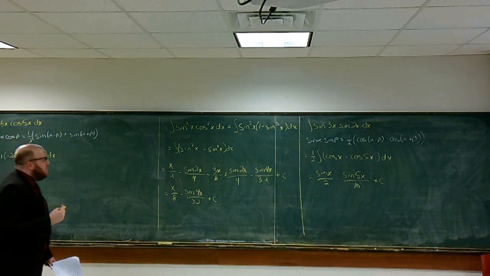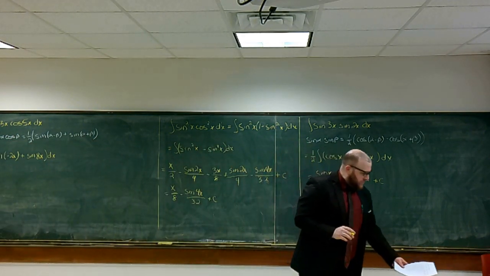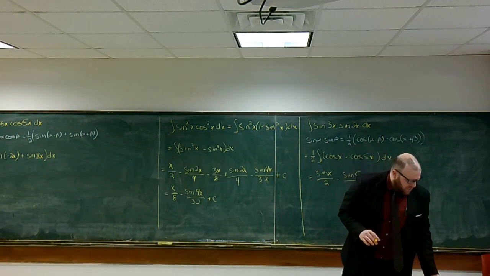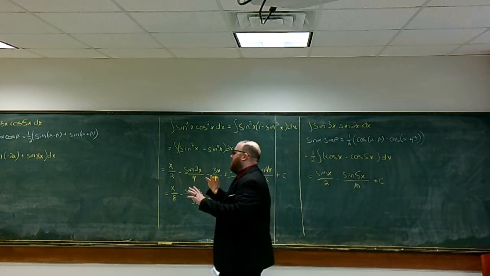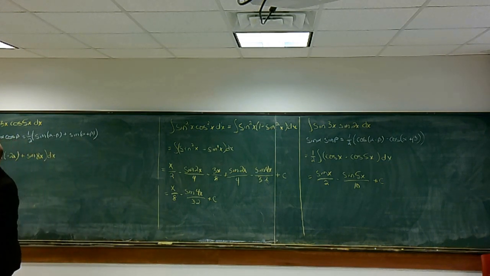It is convention that you don't have negative angles. Well, I don't want to say that. I mean, you can have a negative angle, but when you're writing a function, you don't want your angle to be negative. It's just custom. So we wouldn't write sine of negative 2x. There are two identities.